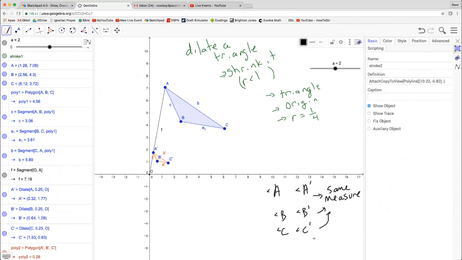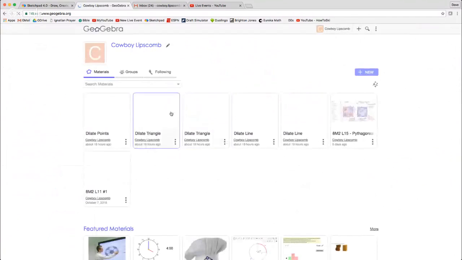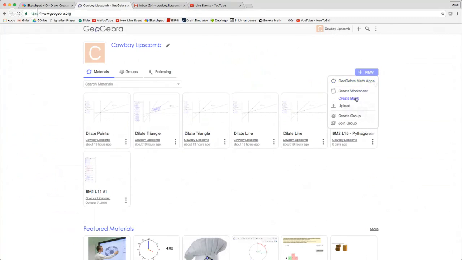Now I want to dilate a different one. We're just going to leave this screen and refresh it. New. Let's make a new one.